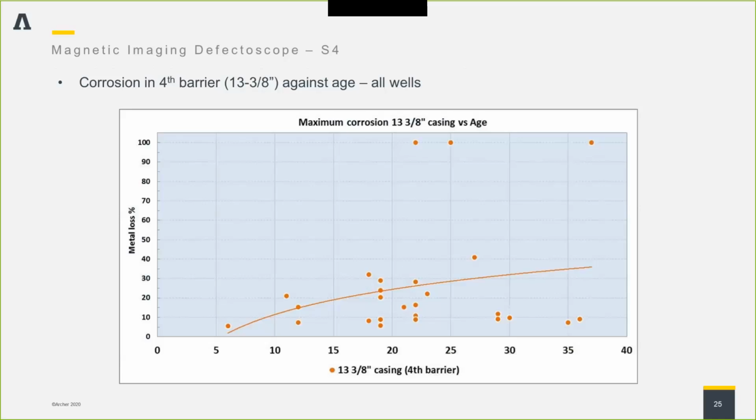So if we plot all of the data together, we've got the metal loss percentage up on the y-axis, the x-axis is the age in years. There is a definite trend line of increasing corrosion against age, which is what you'd kind of expect. We also have the 3 outliers at the top, where we have 100% metal loss, showing that it's been breached with a hole already.